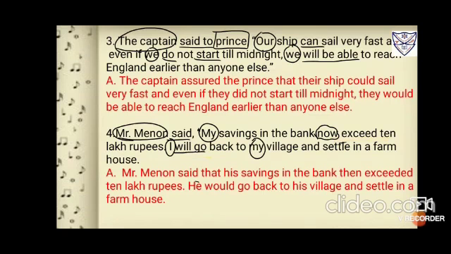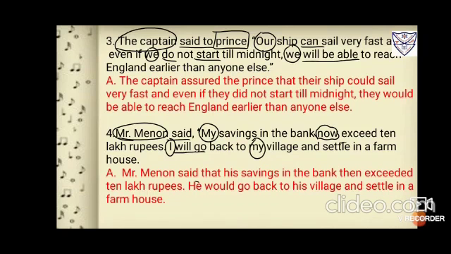So next will be the speaker. Speaker is Mr. Menon. Okay, and there is no listener, but we'll see, if we want a listener, then we have to assume it. Next is "my," again first person, circle. Then it is "I," first person, circle. "My," first person, circle. All are in first person, so we'll change according to the speaker. Speaker is Mr. Menon, again male, we'll be using "he" instead of "my" and "I" and "my."